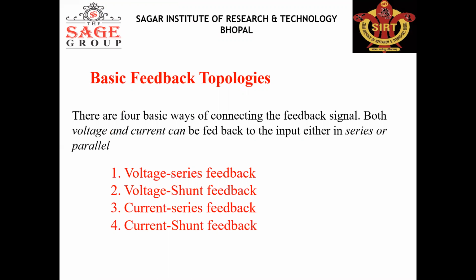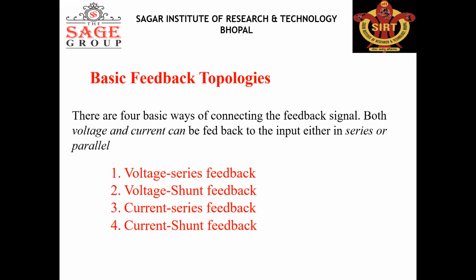In a feedback amplifier, we connect a part of the output to the input of the feedback network, and the output of the feedback network is connected again to the input. When a part of the output is connected to the input of the feedback network, that is known as sampling. When the output of the feedback network is connected to the input, that is known as mixing.